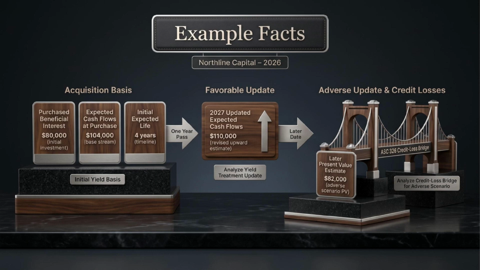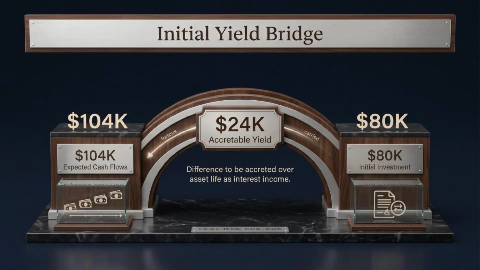Later, in an adverse scenario, the present value of expected cash flows is estimated at $82,000. We will use these facts to calculate accretable yield, analyze a favorable change, and identify the credit loss bridge. At acquisition, Northline Capital expects to collect $104,000 and pays $80,000 for the beneficial interest.